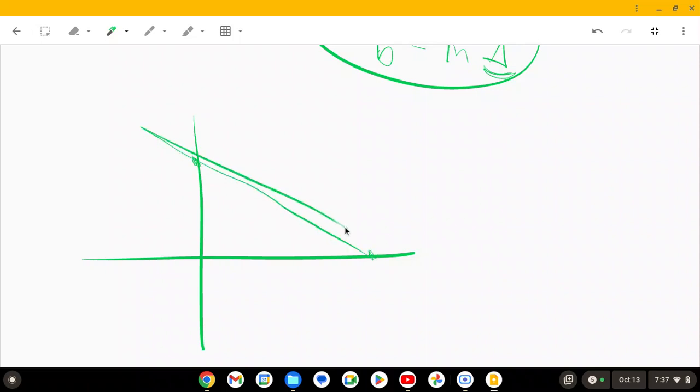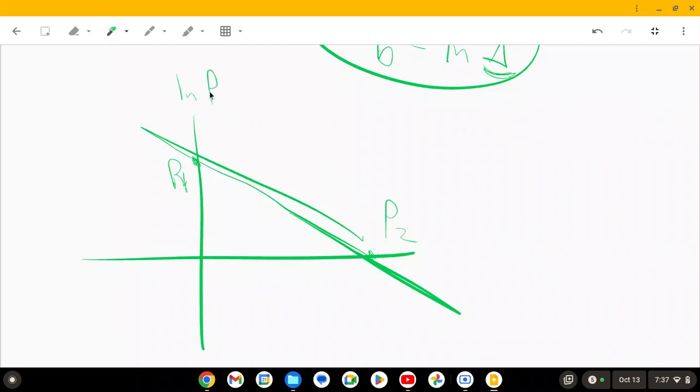So if you have two different points on a graph, let's say here and here, two lines. Let this one be P1. Let this one be P2. And that's the pressure.